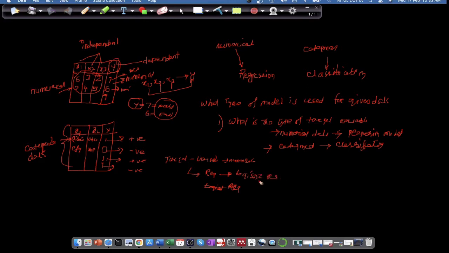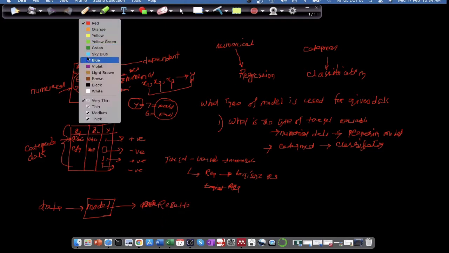So after designing the model, once the model is there, we have the data set, we feed the data set into the model, and we get the performance or the results. Once results are obtained, what are we supposed to do?